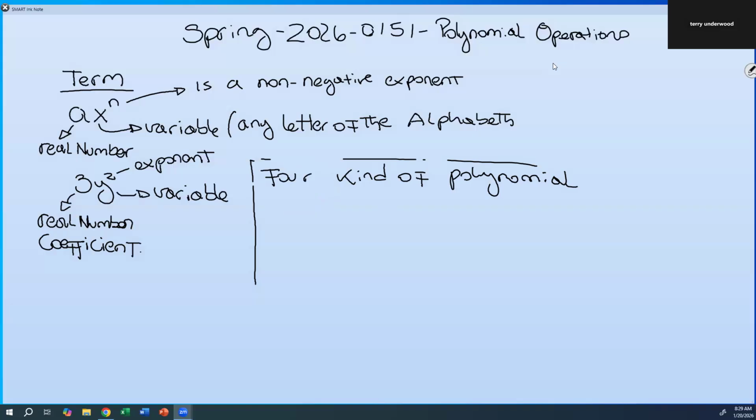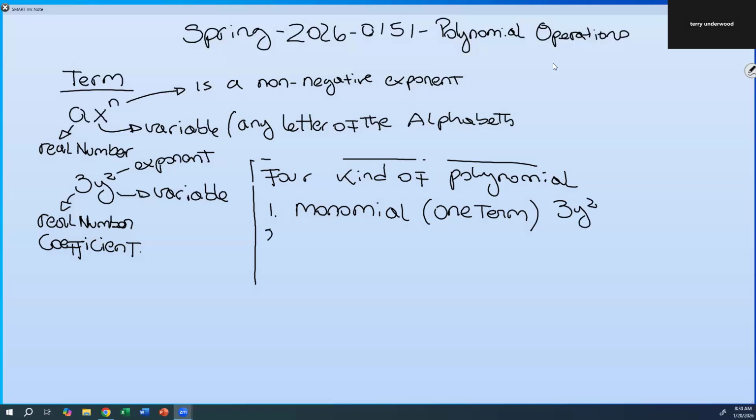Okay. The number one is a monomial. And a monomial is made by one term only. One term. An example, again, we'll put the same one, 3y squared.